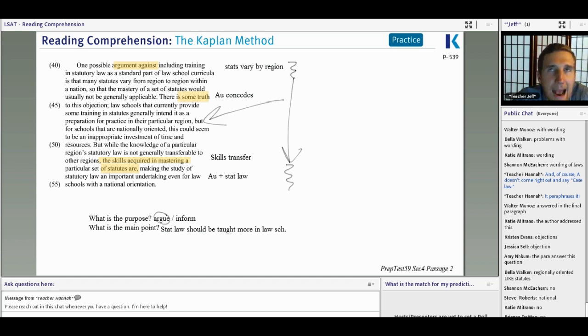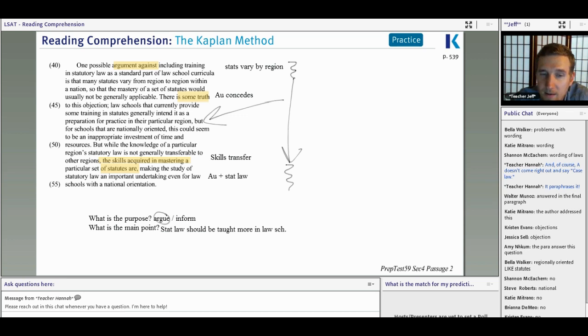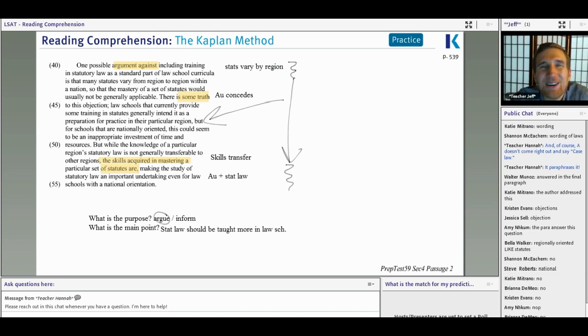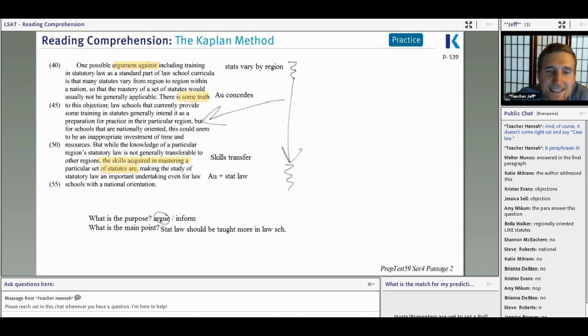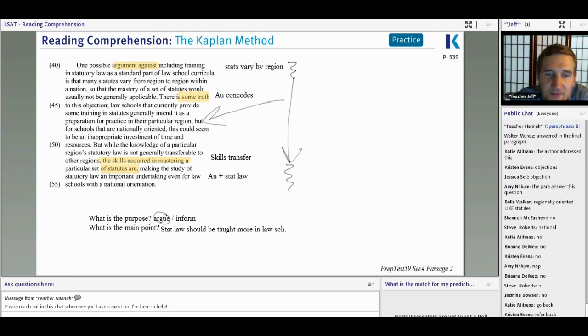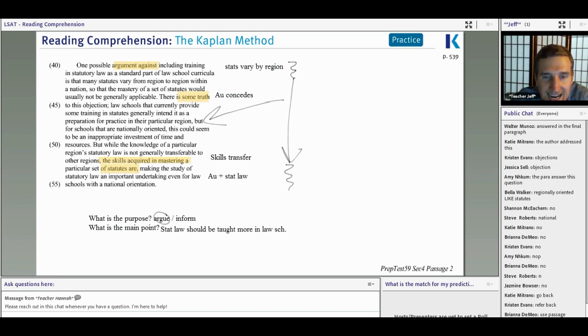Now, if anyone out there is like, how am I supposed to remember that, Jeff? Are you supposed to have that memorized? You tell me in chat. No. What are you supposed to do to make sure you get this question right? You're supposed to go back. Exactly. You're supposed to say, oh, the last paragraph is where we talked about there being problems. I'm going to go check and make sure that this answer matches.